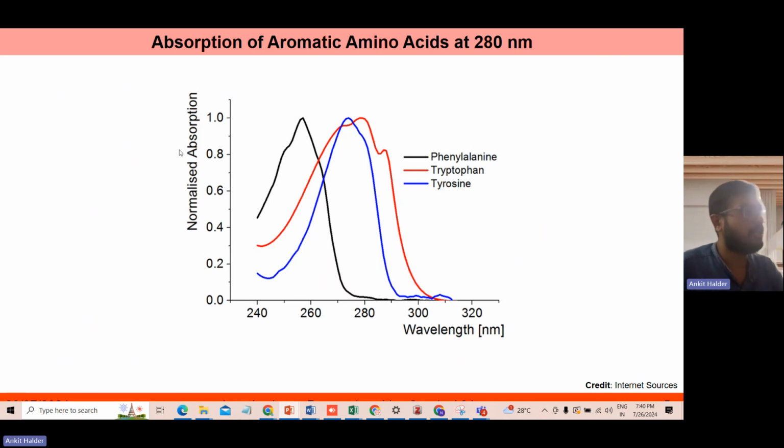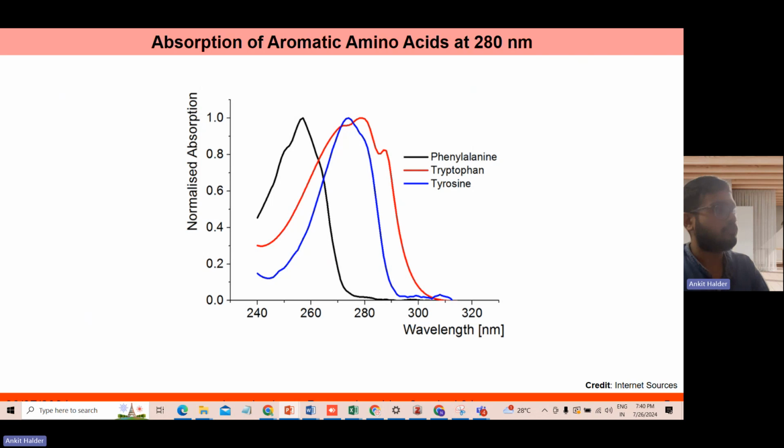So this is where our particular amino acids get absorbed, the absorption of aromatic amino acids. Because of these pi electrons and the delocalized structure, that absorption does not let it break away and keeps it intact. Okay, so any question here?